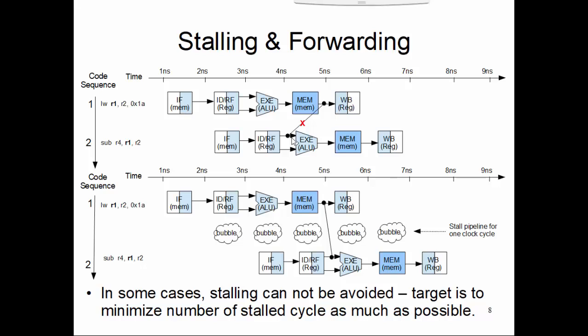Instead of waiting till the write back is done and then starting the instruction fetch for the next instruction, we halt the instruction for the least number of cycles such that the temporal relation becomes in phase, meaning we can forward the data from the previous instruction to the next instruction.